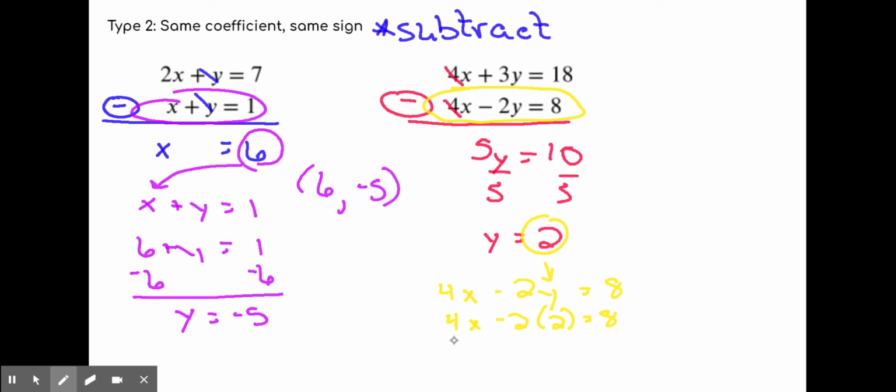And I can already tell I'm going to run out of room. So 4x minus 4 equals 8. I'm going to add 4 to both sides, and I get 4x equals 12. And I'm going to divide both sides by 4, and x is 3. So these two lines intersect at the point (3, 2).